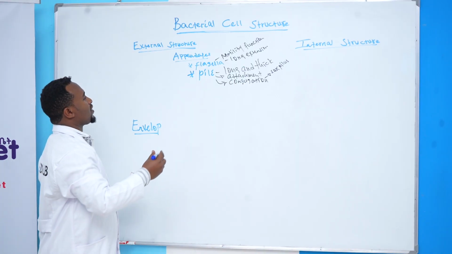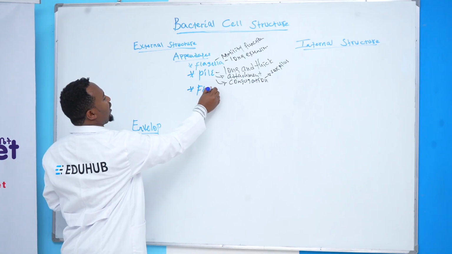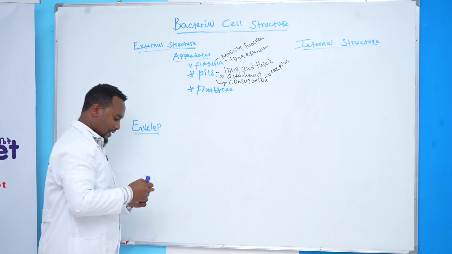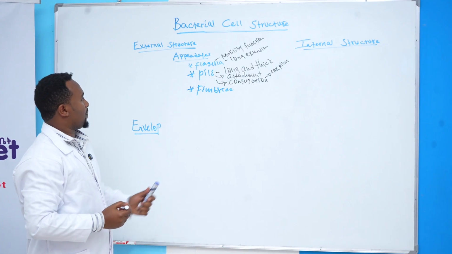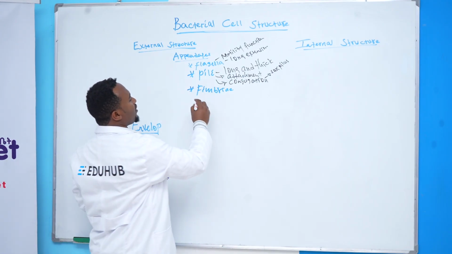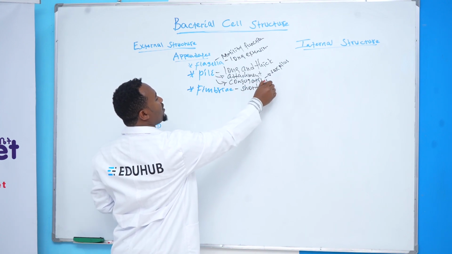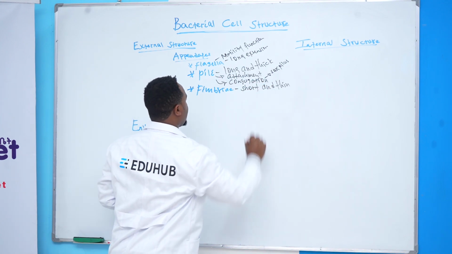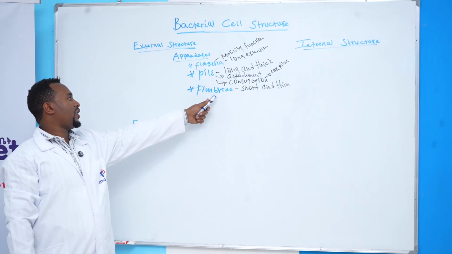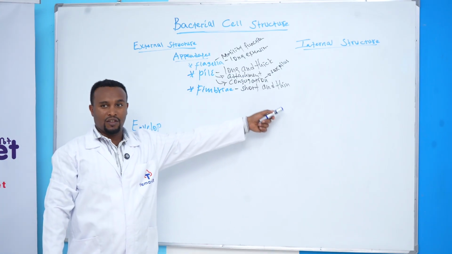The other structure in bacteria is the Fimbriae. The Fimbriae has somewhat the same function as the pili, but in structure, the Fimbriae is short and thin. If you ask the difference between a pili and a Fimbriae, the pili is long and thick, and the Fimbriae is short and thin.